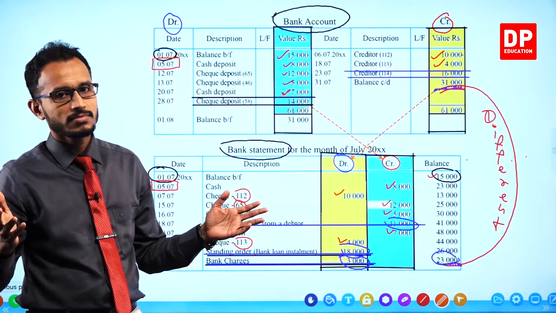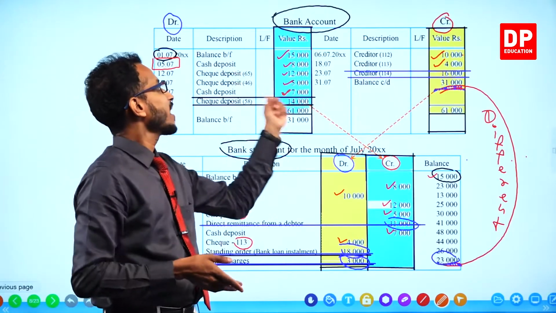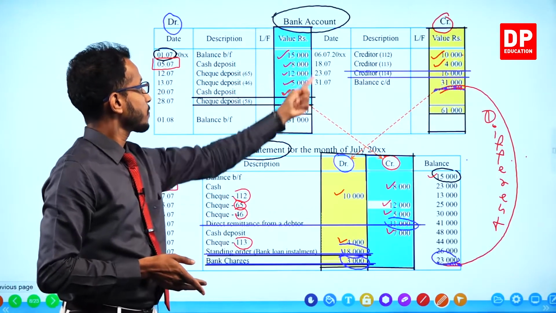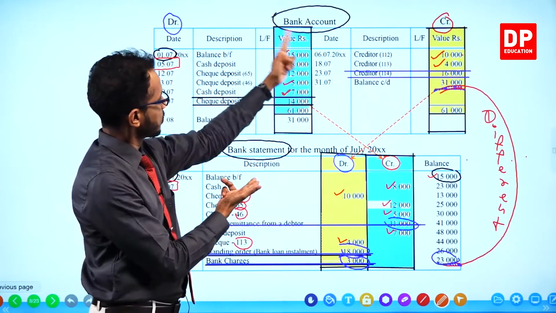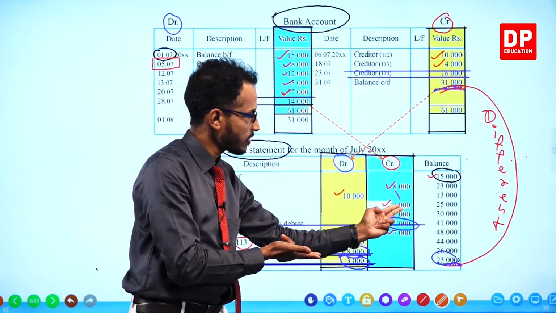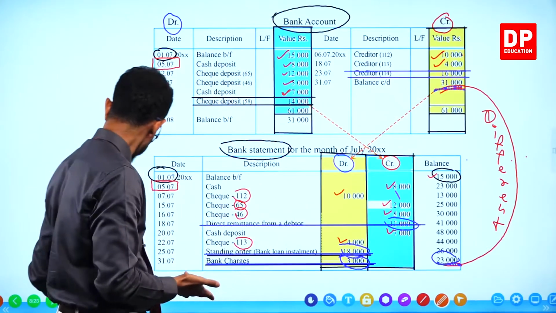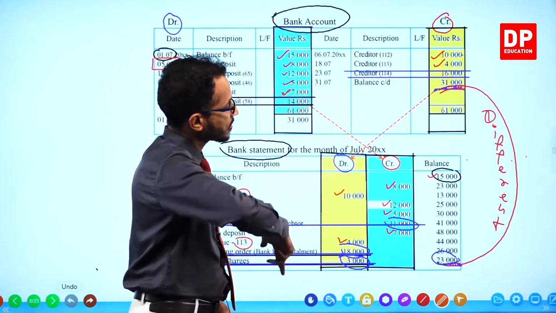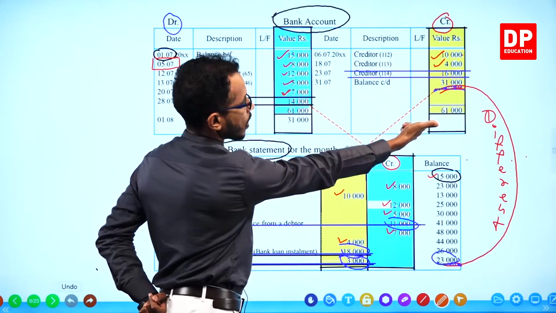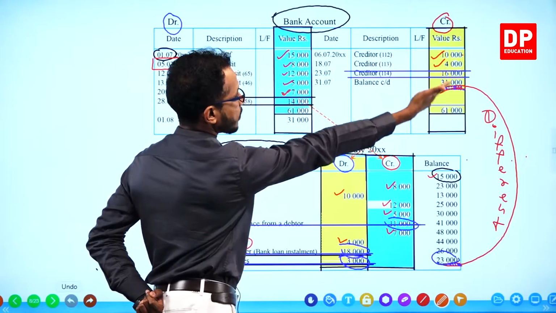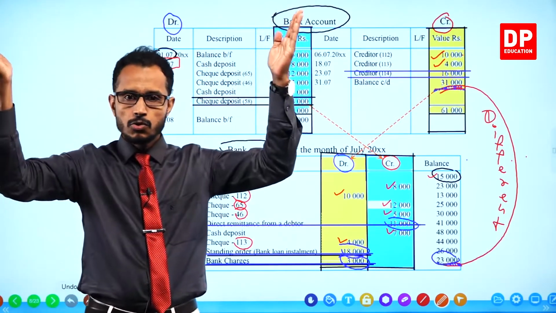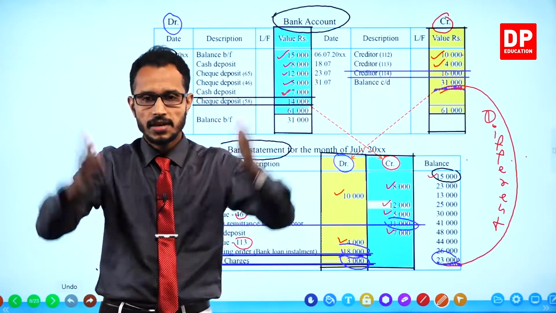For the debit side I used the light blue color, and it is compared with the credit side of the statement. For the credit side I used the light yellow color, and the credit side is compared with the debit of the statement. A cross-checking.